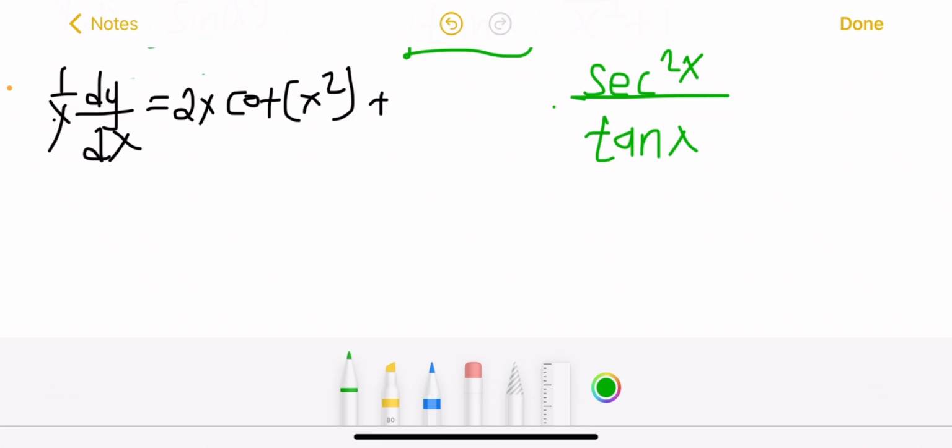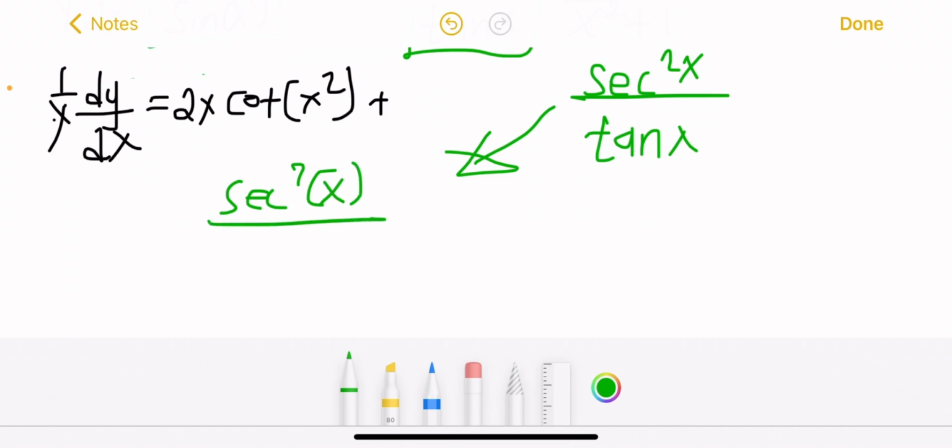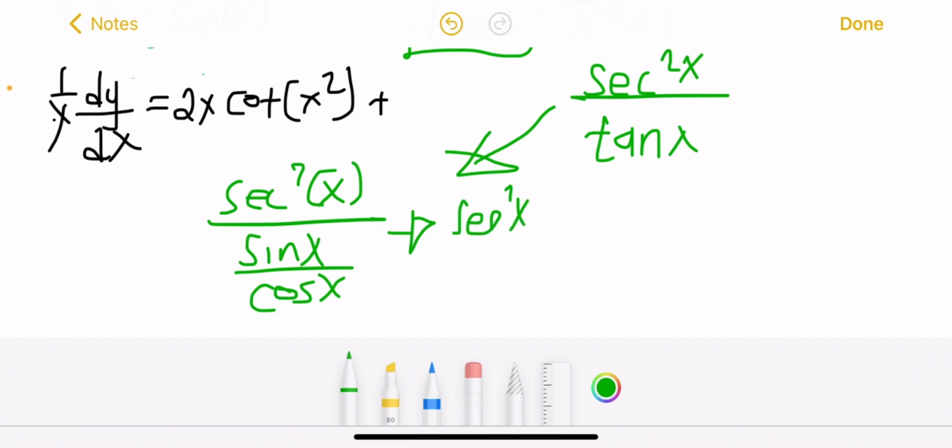This will be equal to secant squared of x over sine x over cos of x, since we change tan to sine x over cos of x. This means we will have secant squared of x multiplied by cos of x over sine of x.